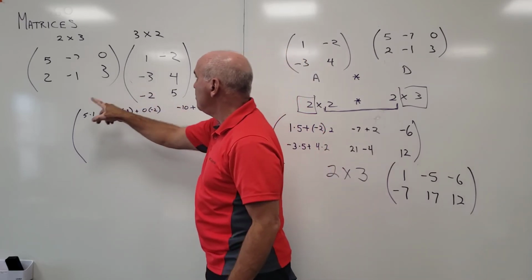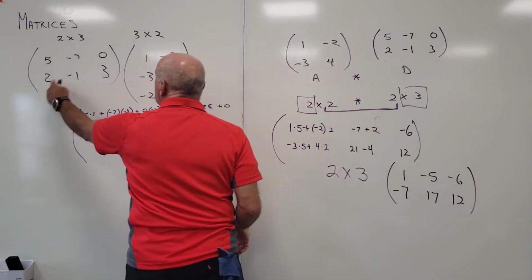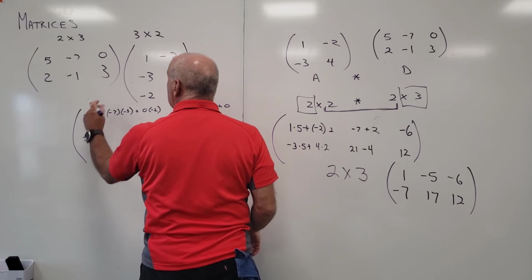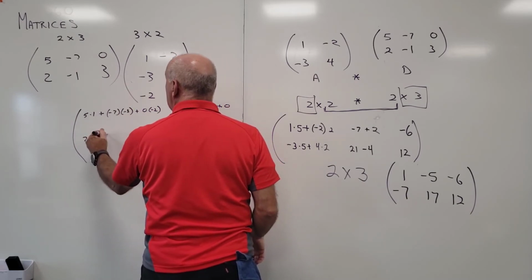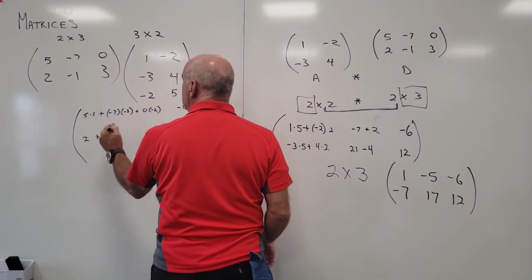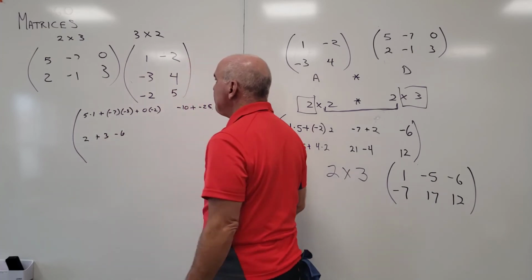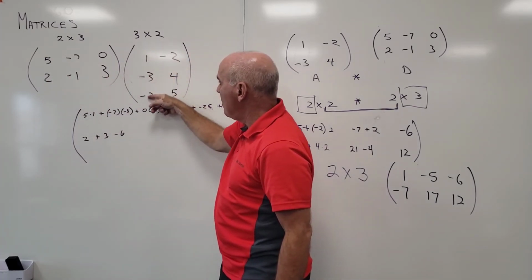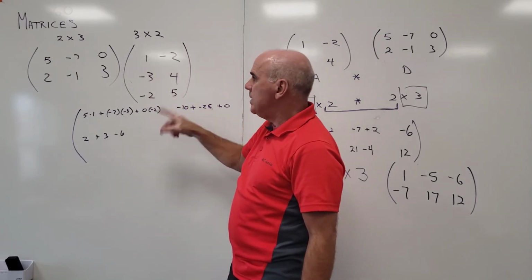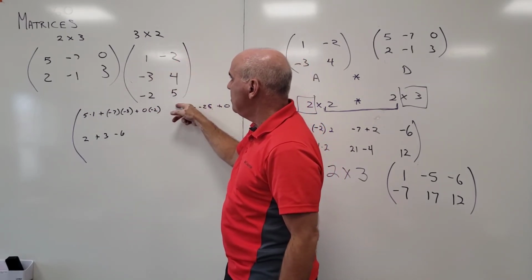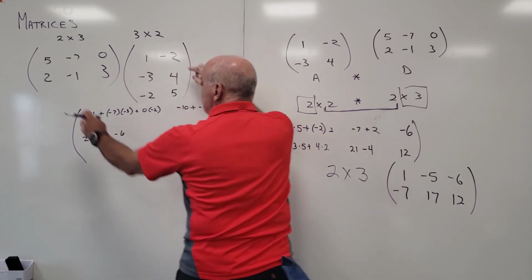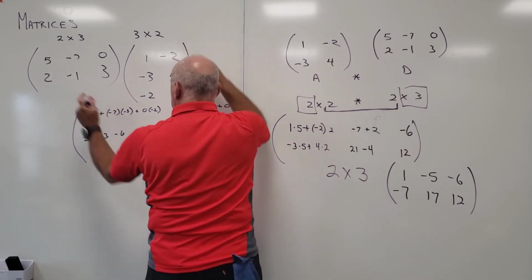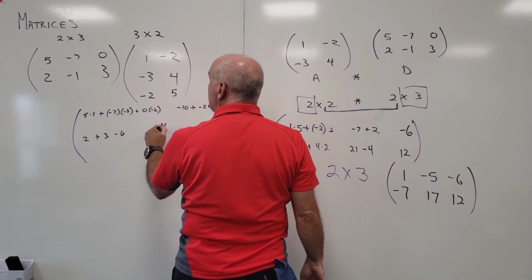And then row 2, column 1, I get 2 times 1 is 2. Negative 1 times negative 3 is positive 3. 3 times negative 2 is negative 6. That's row 2, 2, negative 1, 3, column 1, 1, negative 3, negative 2. And then finally row 2, column 2, 2 times negative 2 is negative 4.